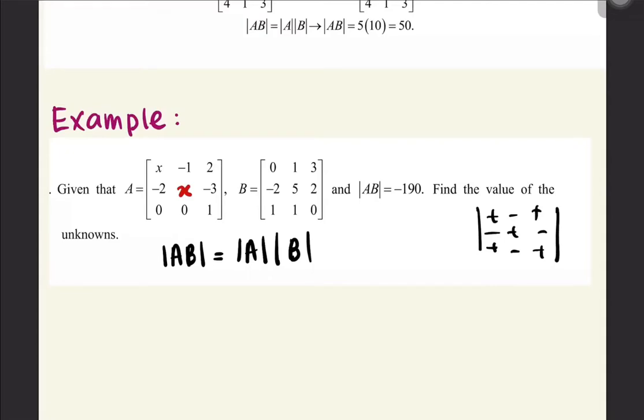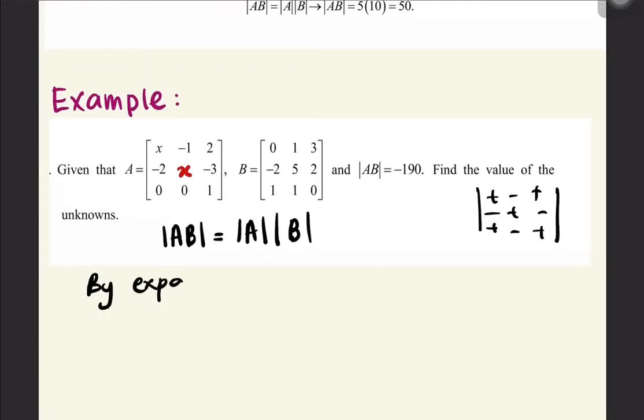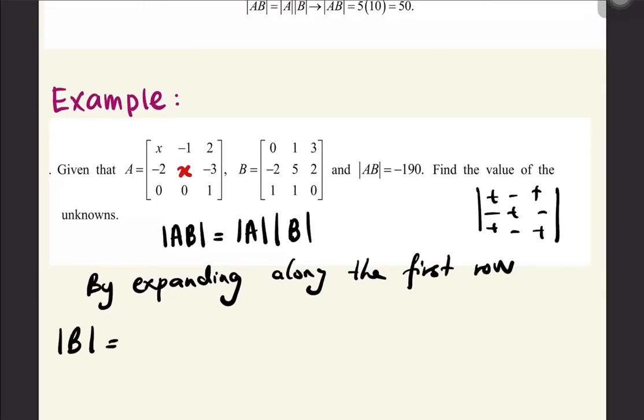Okay, so by expanding along the first row, the determinant of B is equal to, so the first element is 0. 0 multiplied with any value will give you 0, so I will just skip this one.